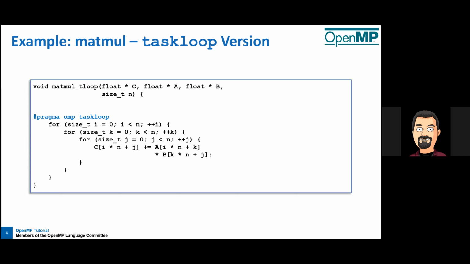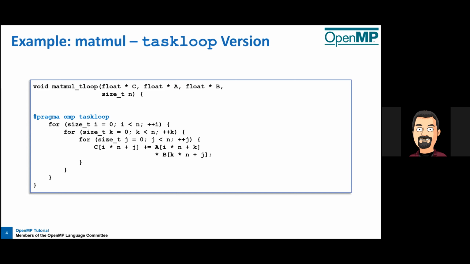Now, this assumes that this matmul_tloop function is called from within a parallel context already. So the caller of that function has created the parallel region for you, right? If you look at the remainder of the code of this example, especially the main function, you will see that this is not the case.